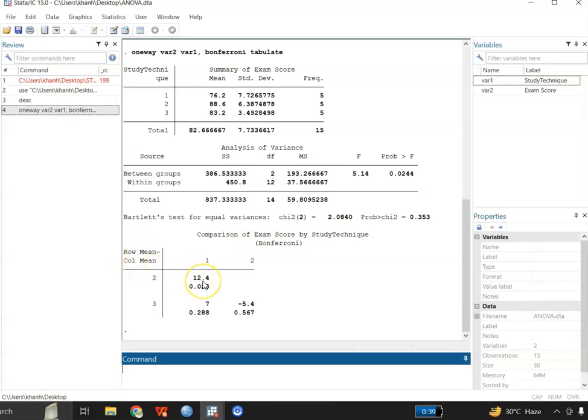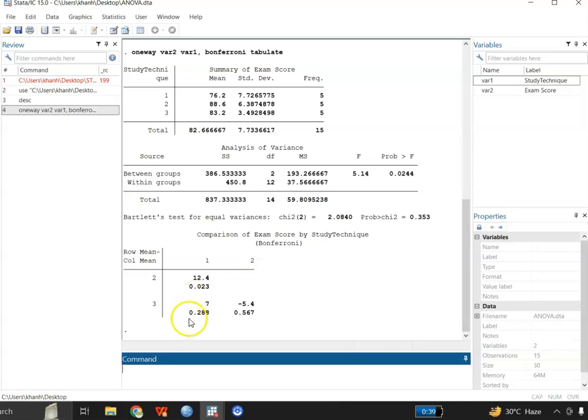So this value is the mean exam score of students who used technique 2 minus the mean score of students who used technique 1, and that is equal to 12.4, and its p value is significant. So it means that the difference between students using technique 2 and students using technique 1 is statistically significant.